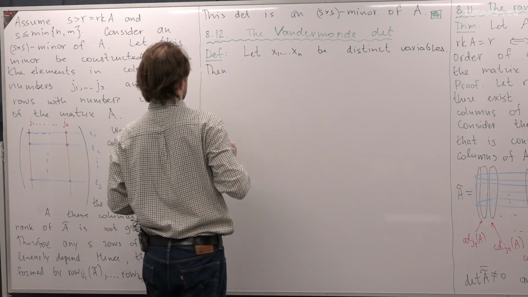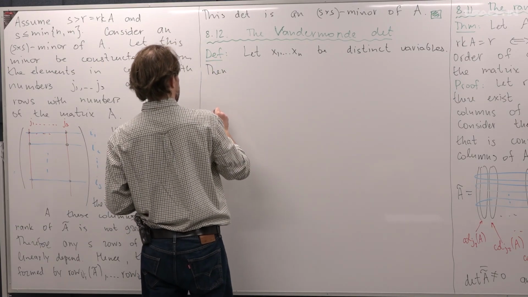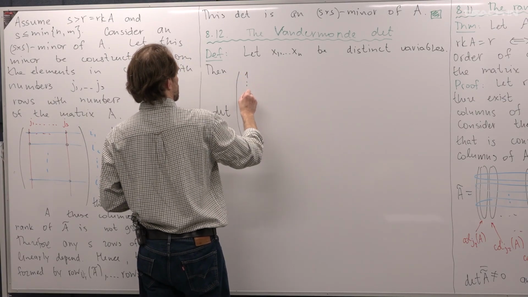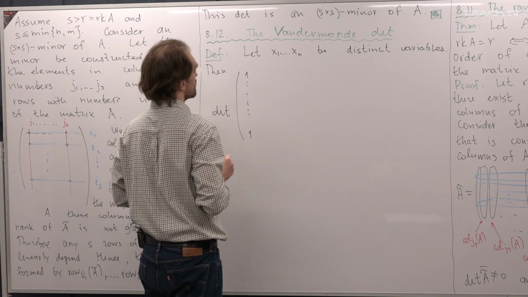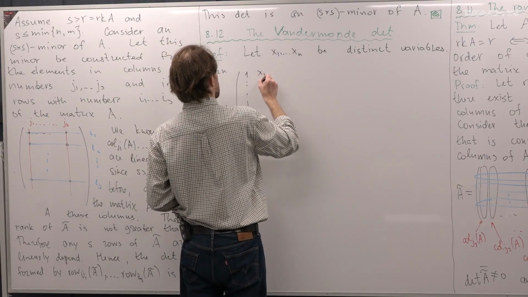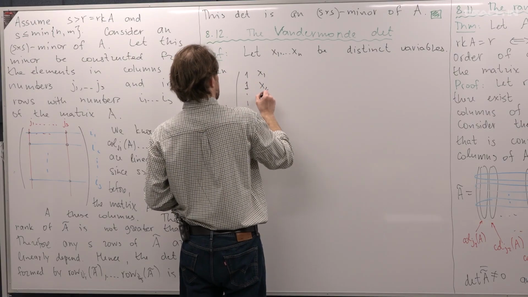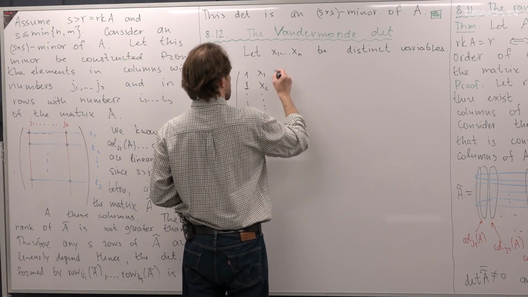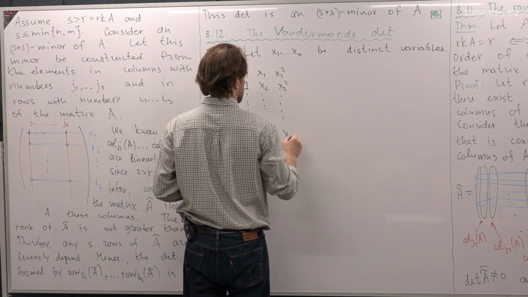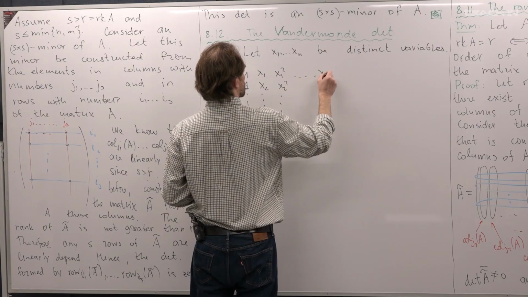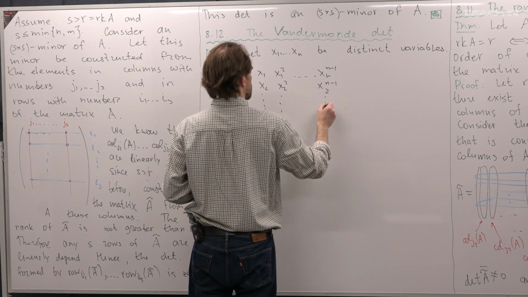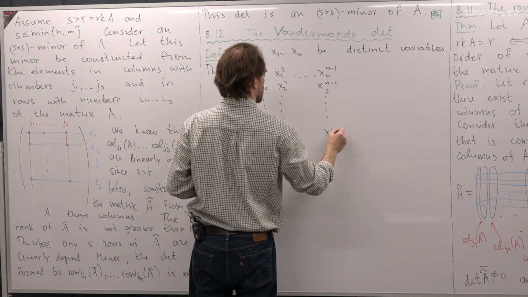Then the determinant of the following matrix. This is an n by n matrix, which has 1 as the elements of the first column, then x1, x2, etc., xn, then x1 squared, x2 squared, etc., xn squared, and so on, x1 to the n minus 1, x2 to the n minus 1, etc., xn to the n minus 1.